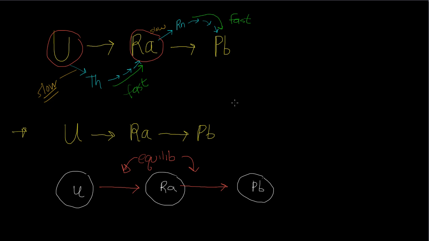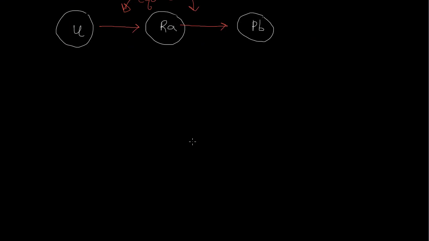In other words, the flow of radium coming in is equal to the flow of radium coming out, and as a result, the concentration of radium is constant. As much new radium is being formed by the decay of uranium as is decaying to form lead at equilibrium. So let's focus in on that equilibrium for the intermediate decay product, radium.